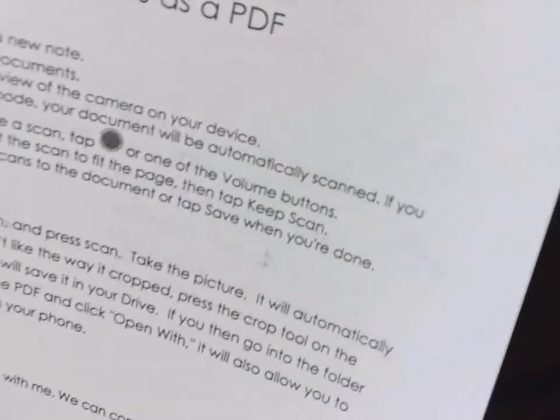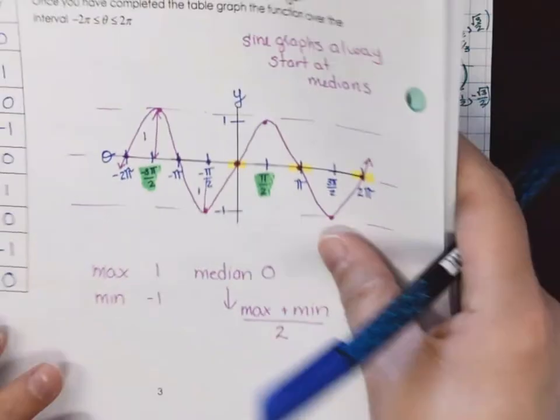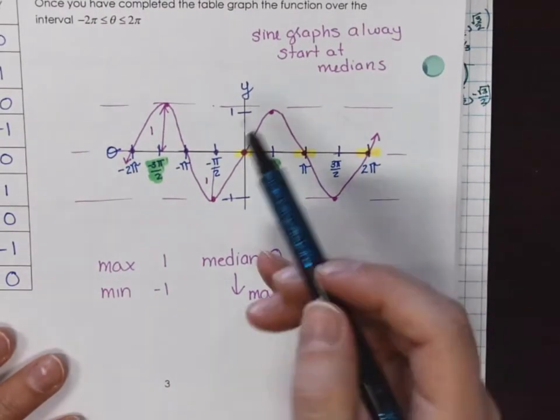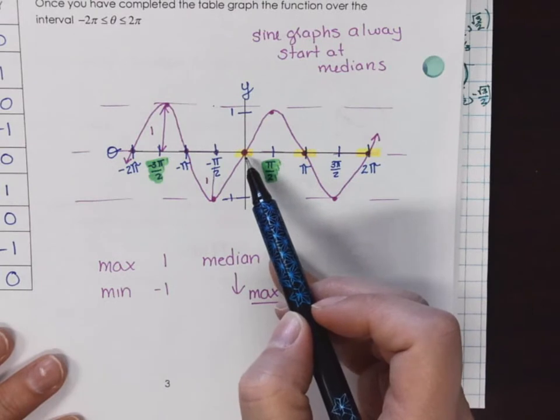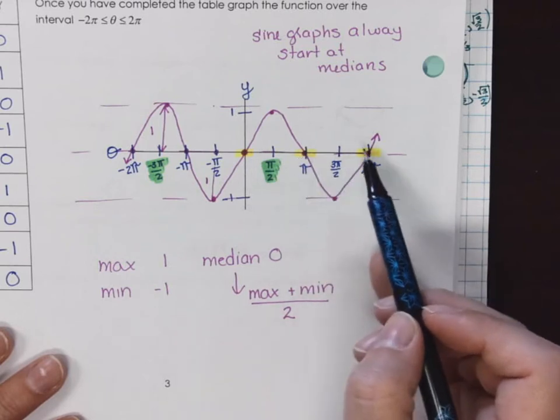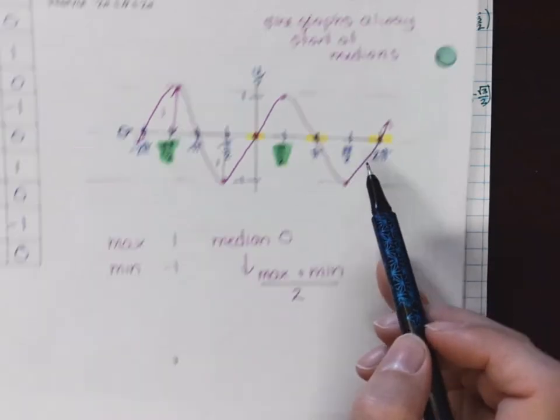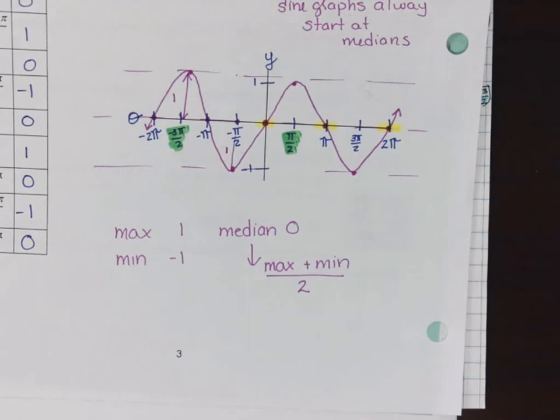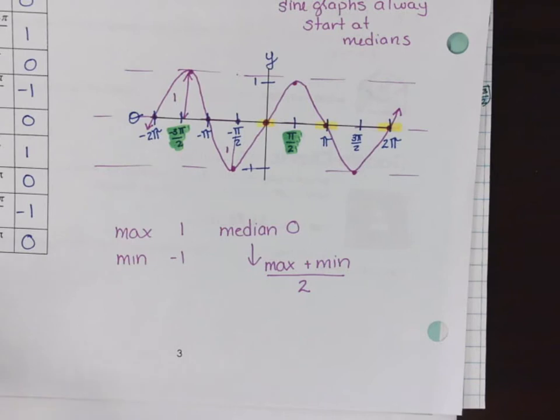If we flip back to this graph, my first zero is at 0, right? Everybody agree with me? And then my next one's at pi, and then my next one's at 2 pi. I haven't given a restriction on the domain. You told me the domain goes from negative infinity to positive infinity, which is a general statement for the x's.